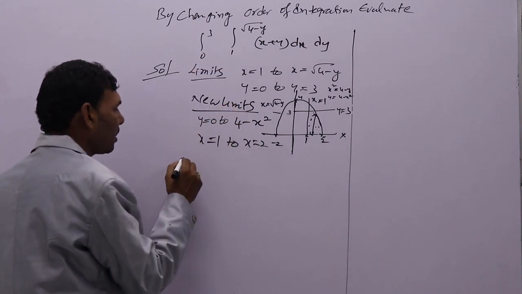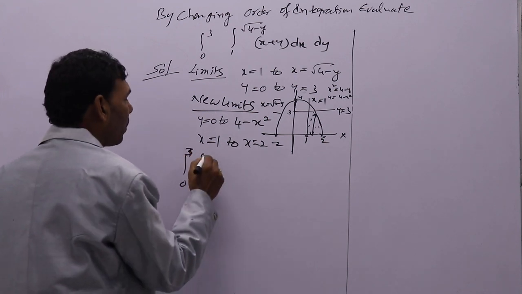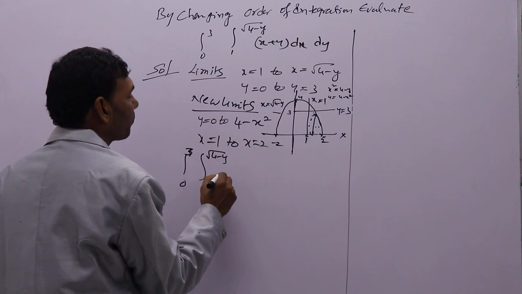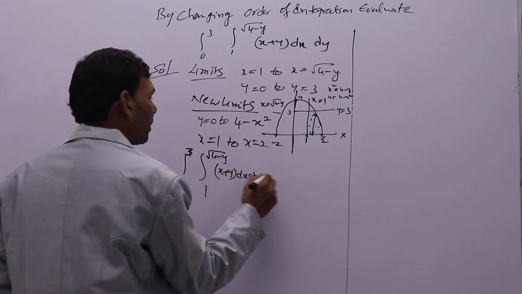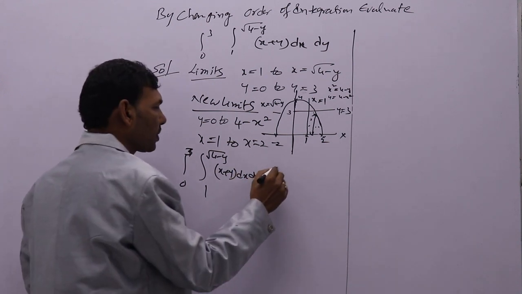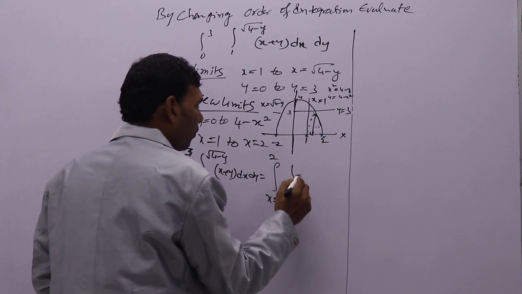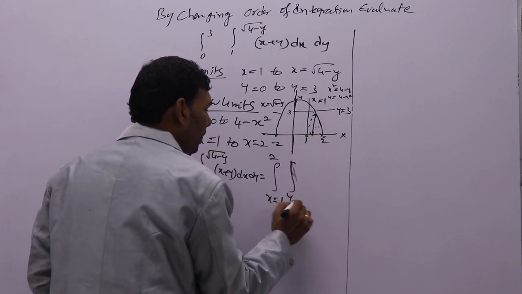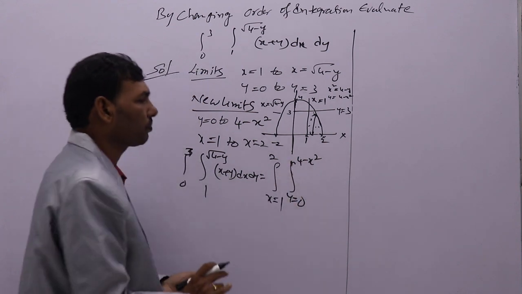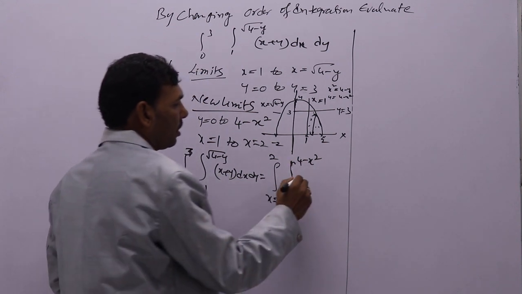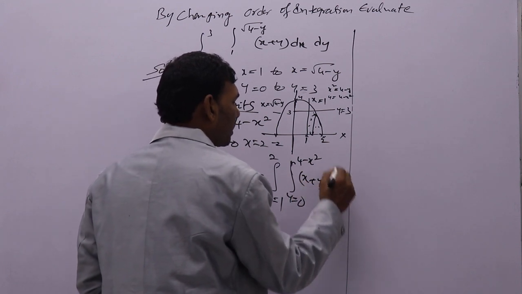So given limits are integral 0 to 3, integral 1 to root 4 minus y, x plus y dx dy, equal to the new limits. First constant limits, x equal to 1 to 2, y equal to 0 to 4 minus x square, x plus y dy dx.